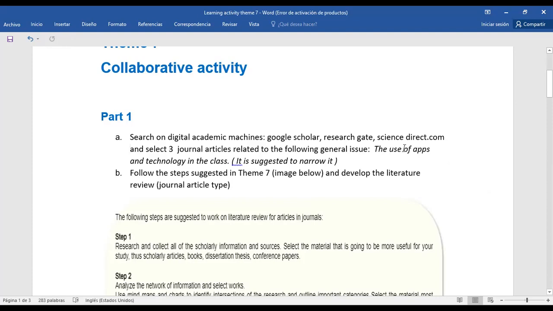Okay, well, here are some examples of academic search machines, no? You have Google Scholar, ResearchGate, ScienceDirect.com, and any other where you can find free articles, okay? Free articles, there are a lot, and we don't have money, and I am not sending you to buy any article.